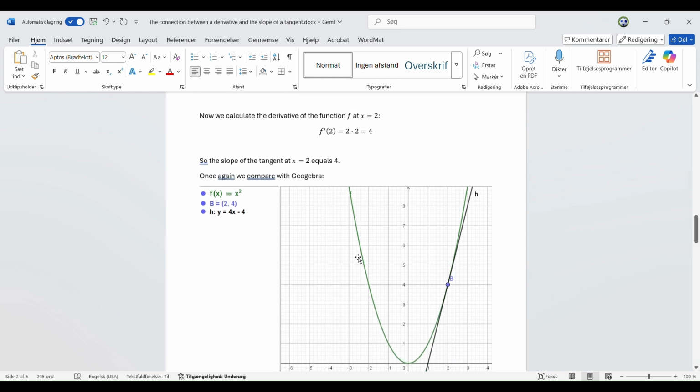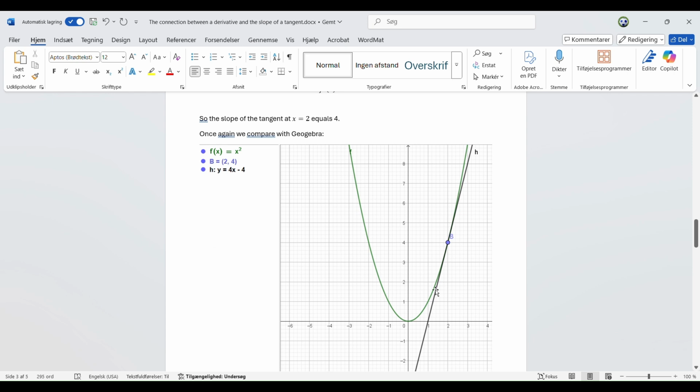So let's have a look at our graph program once again. It's the same function x squared here, the graph of it, and I've gone out to x equals 2 this time, put a point on our graph, and used this program to get our tangent line exactly at this point. Once again we've got a linear function, and the slope of this tangent is equal to 4.